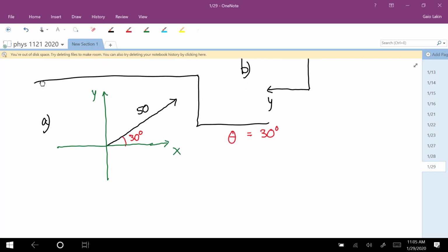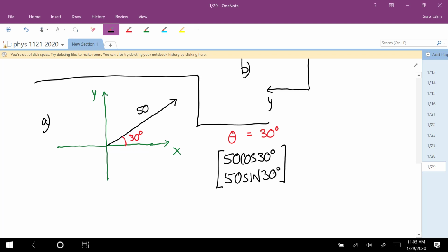And then the components are 50 times the cosine of 30, 50 times the sine of 30. And that is 43.3, 25.